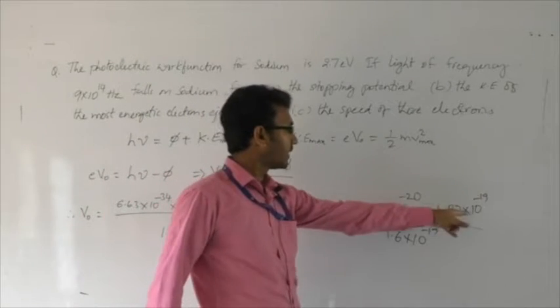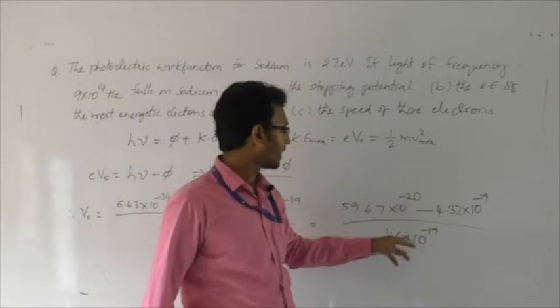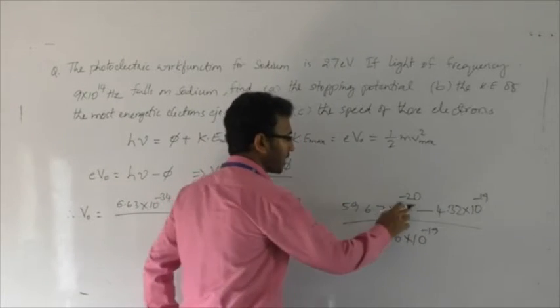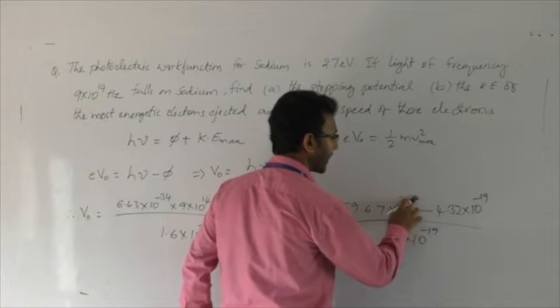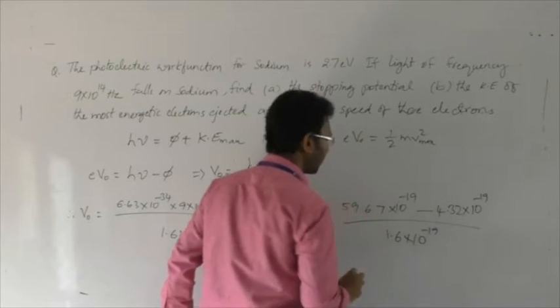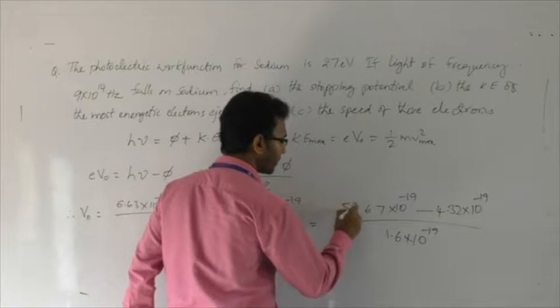Since we have 10 power minus 19 here and here, let's make this also 10 power minus 19 so that we can easily cancel these terms. Then this point will shift here.